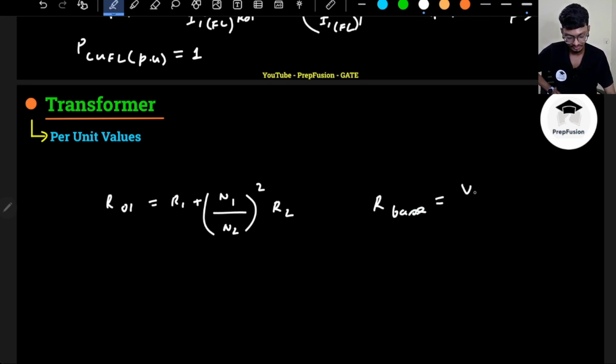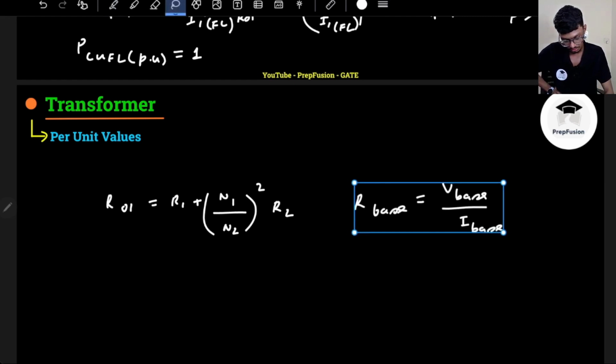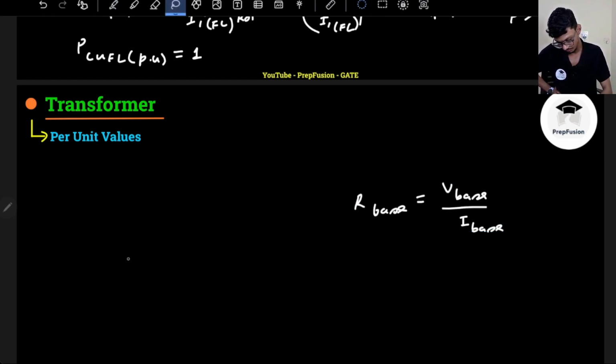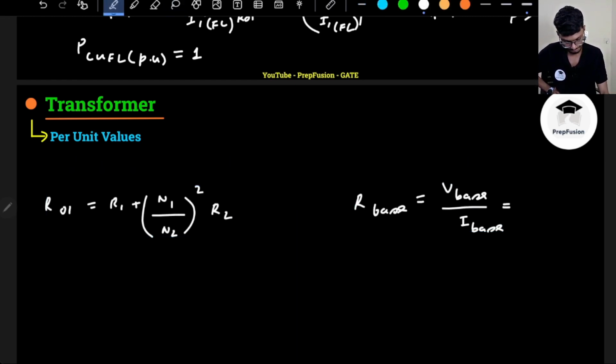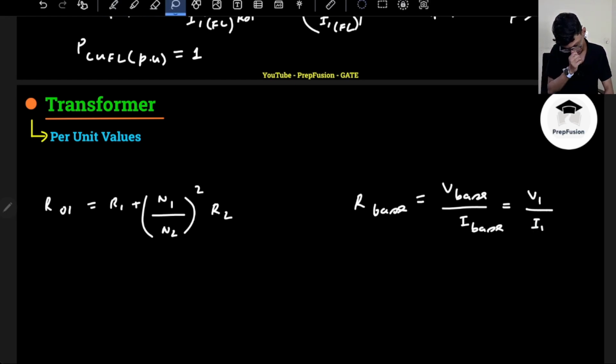Base of resistance will be V base upon I base, correct? So I am in the primary, so it will be V1 upon I1. This is my R base, V1 rated upon I1 rated.